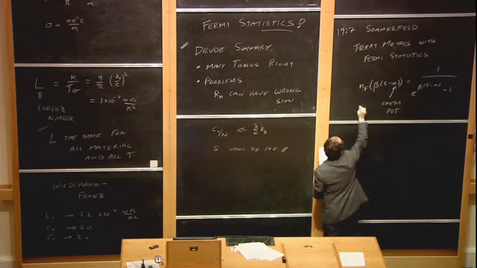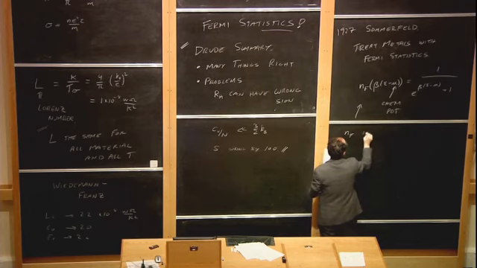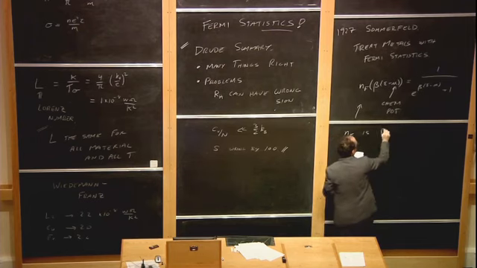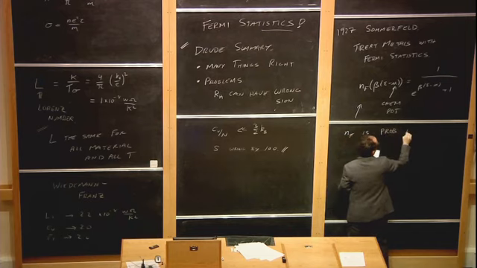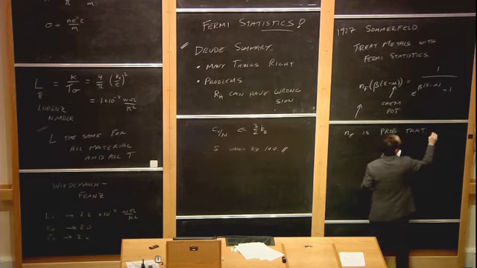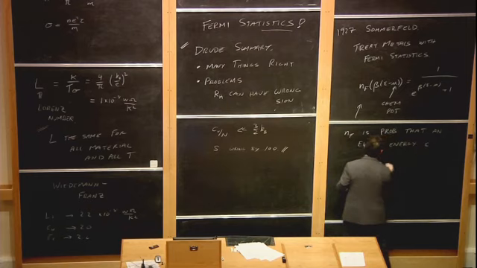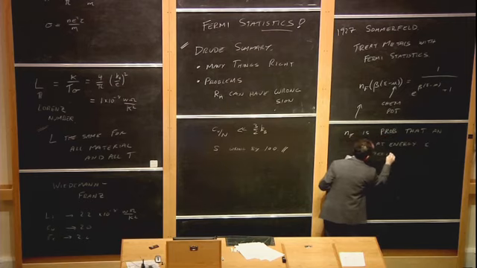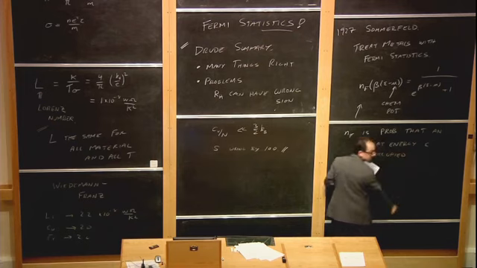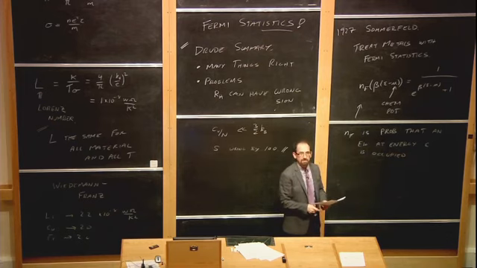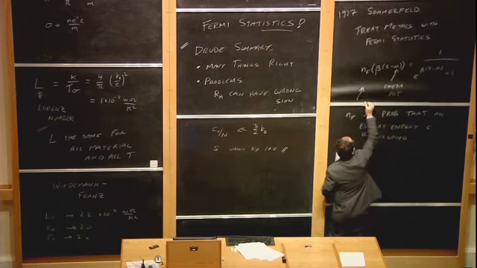And this n_F is the probability that an eigenstate at energy epsilon is occupied. Good? Yes? Question? No? All right. Good.